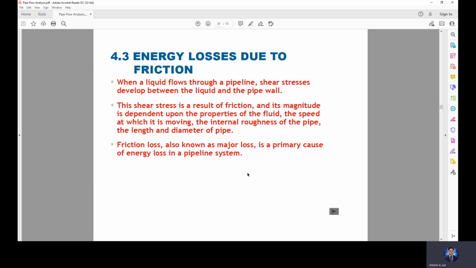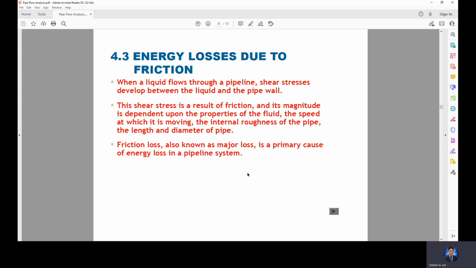Okay. So, friction losses, or energy losses due to friction. As we discussed earlier, based on Bernoulli's energy equation, we sum up all the energy, and it is shown that energy is being lost due to the presence of friction within the length of the pipe.